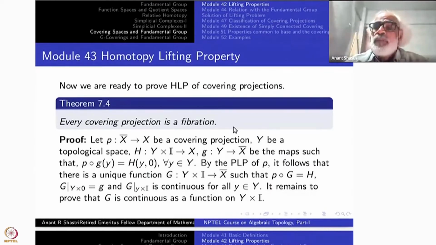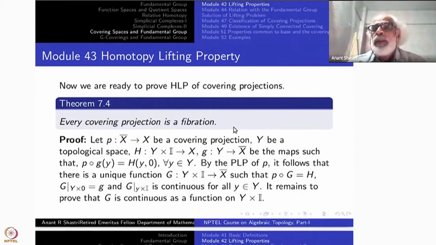The exponential map had the property that paths can be lifted and homotopy of paths can also be lifted. That is the homotopy path lifting property that we have proved. The same idea will work here.